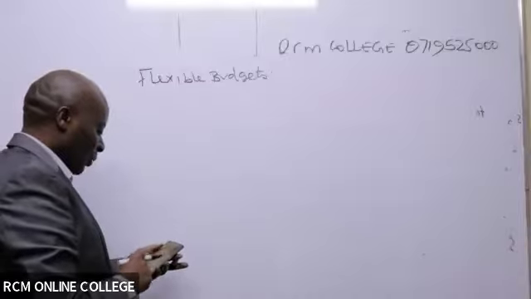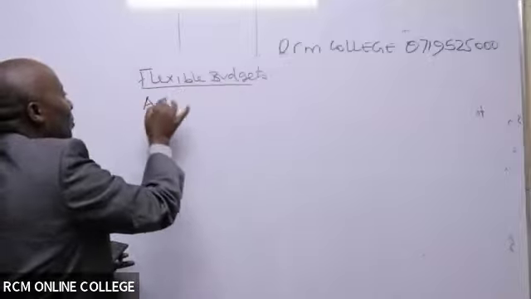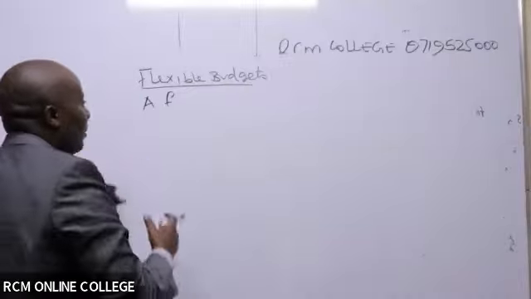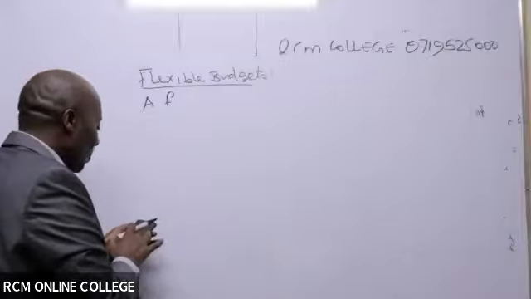So flexible budgets. I would want you to mention there that a flexible budget is a budget that flexes, a budget that changes. As the output in this case changes, a flexible budget changes.